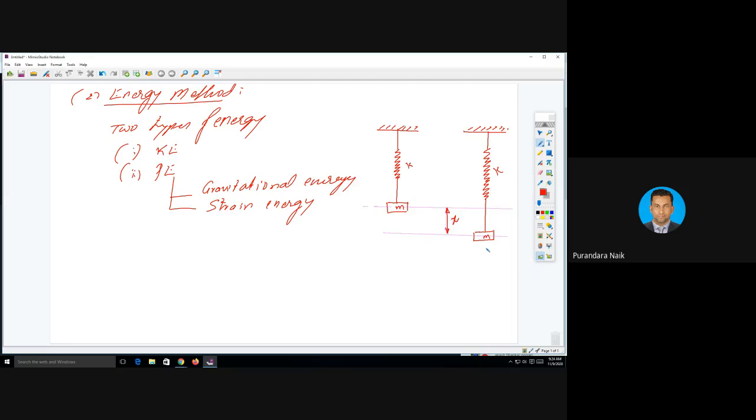You can consider delta also, no problem. You can draw the similar figure we drew in the last class. But k into delta is equal to mg, and those two terms will get cancelled in the first equation itself. So there is no use of that. It can be easily neglected, so I copied only x, not delta, in this case.